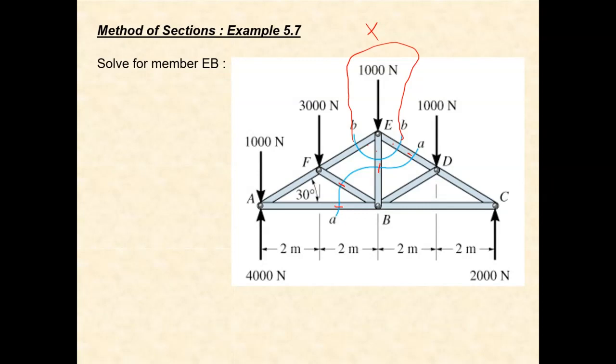This is not solvable either because you have 4 unknowns and only 3 useful equations. So I have to propose an alternative section. What if I apply method of section to this one? This one has 1, 2, 3 unknowns, and that is quite solvable.